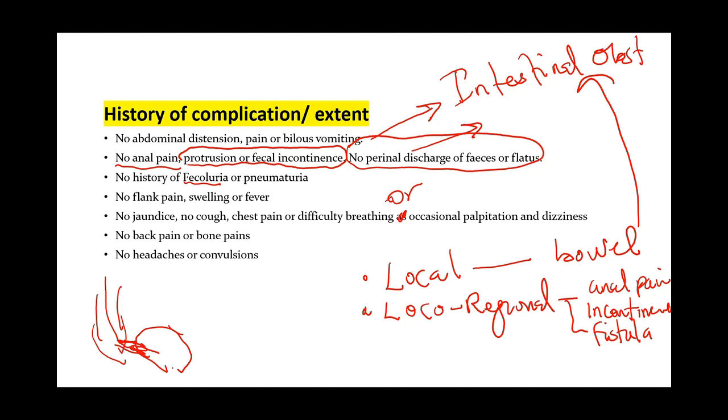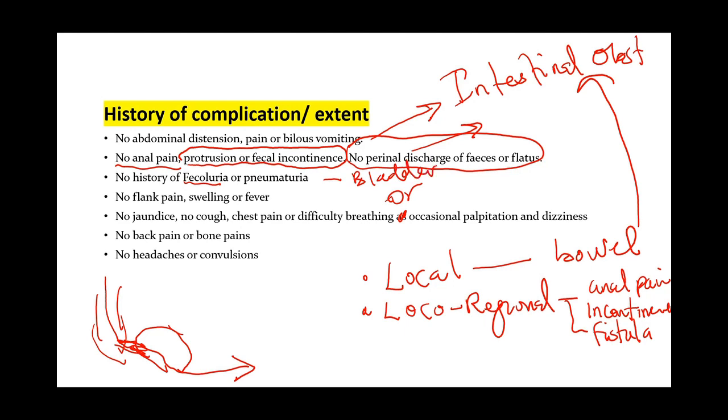So feces will now pass and go out through the urine. Fecal particles will also be seen in the urine. This is also a locoregional complication, bladder involvement.